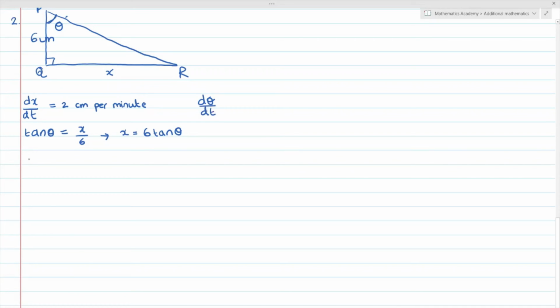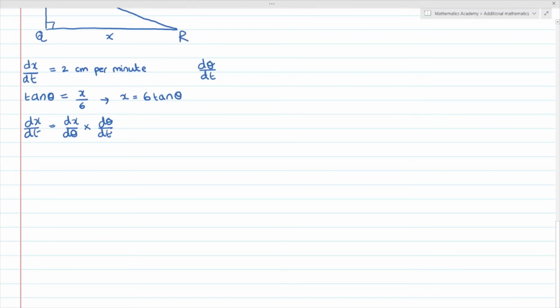So we can see that dx/dt is just equal to dx/d theta times d theta/dt. So we know that dx/dt is 2 centimeters per minute, and we can find dx/d theta from our expression for x in terms of theta. That would just be 6 secant squared theta, and d theta/dt is just what we're looking for.